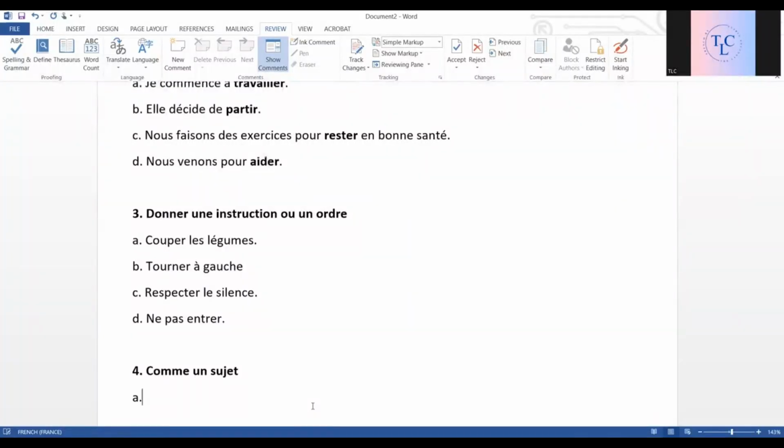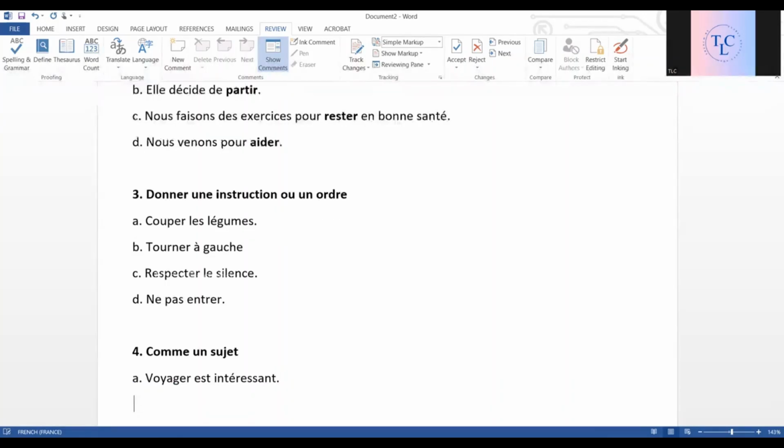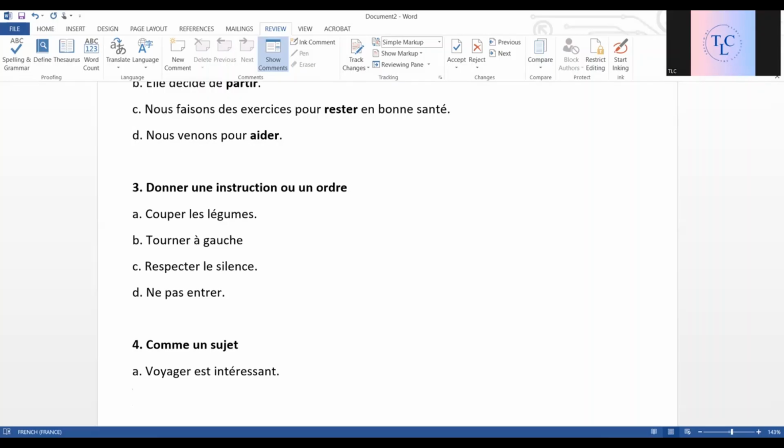Okay, to frame beautiful sentences like voyager est intéressant. Okay, to travel is interesting, traveling is interesting. Then we have faire du sport aide à rester en bonne forme.